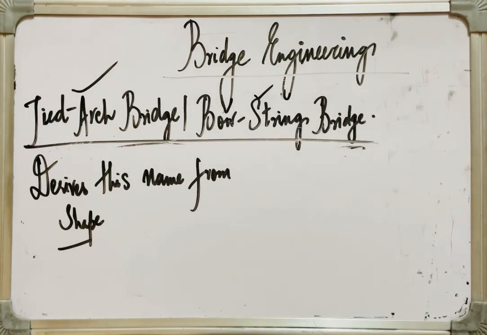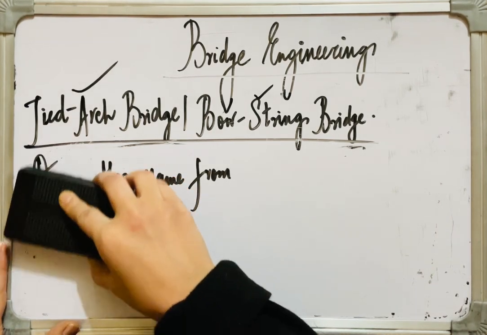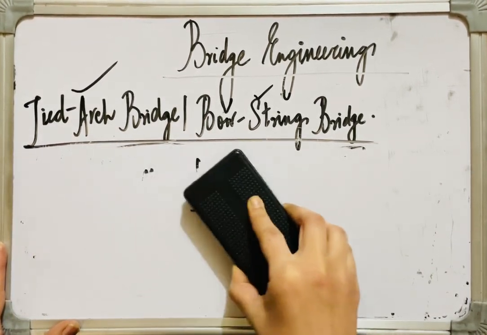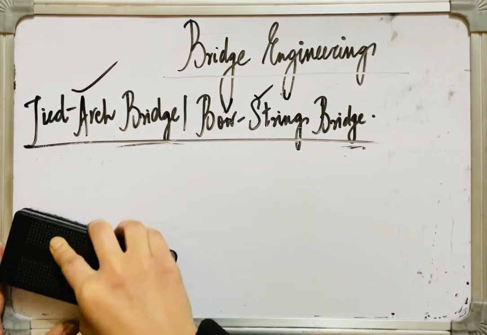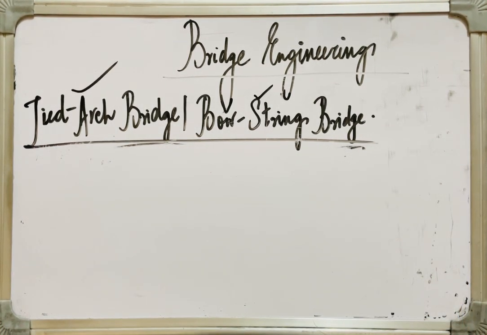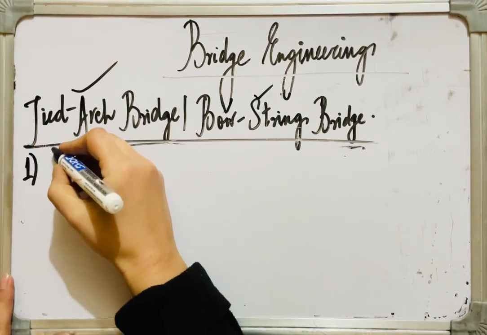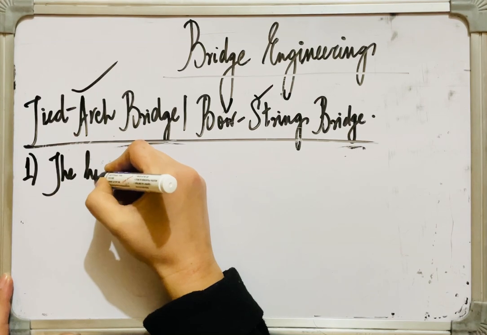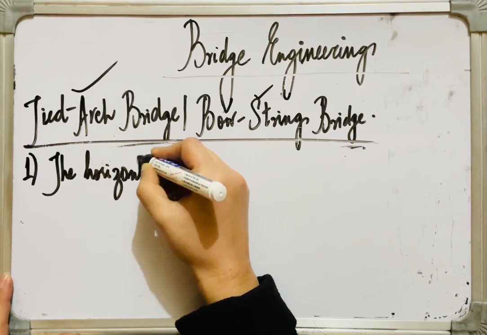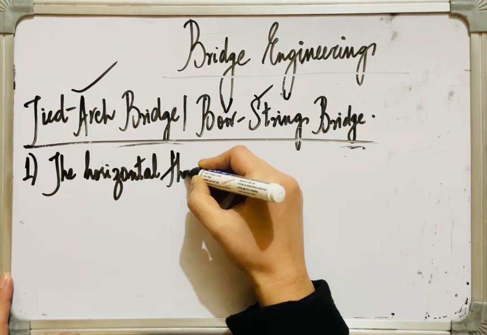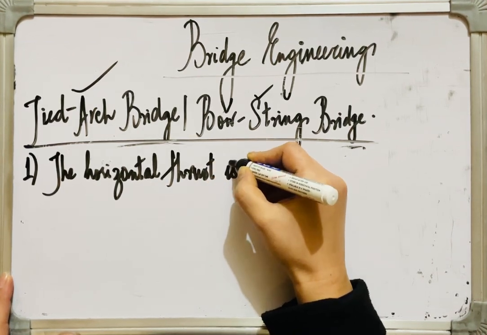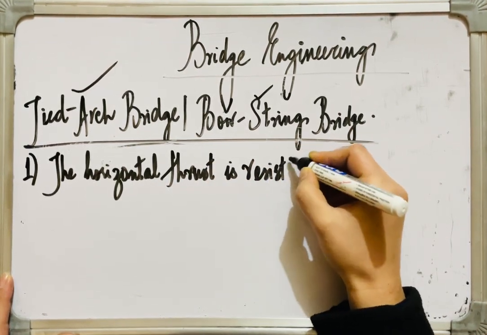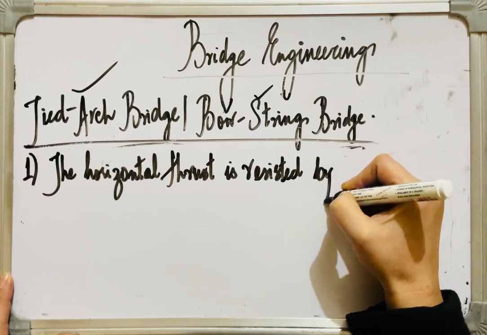Now, as already discussed, the basic advantages of going for these bridges is that, number one, the horizontal thrust is resisted by the tying cord or the ties.